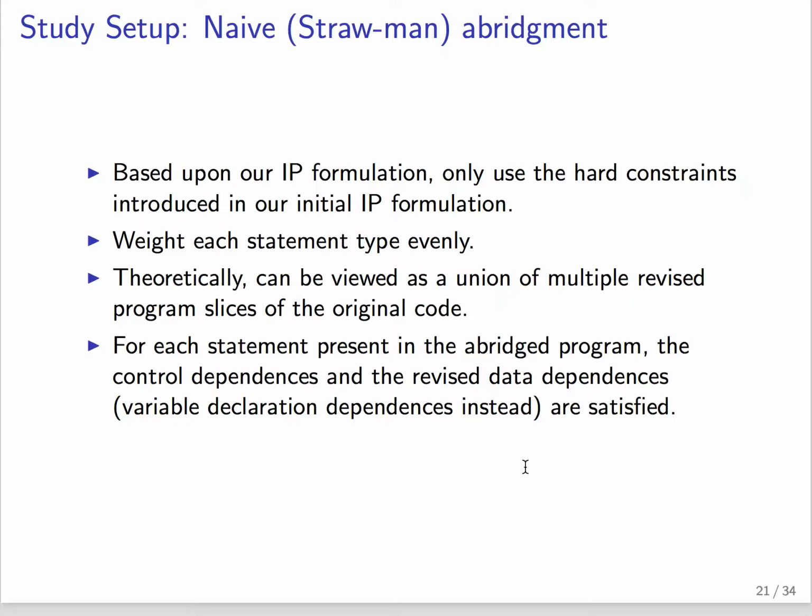Additionally, we also let this strawman abridgment follow the hard constraint, so that this can be viewed as the union of multiple revised program slices, and you can view more details in our paper about this.